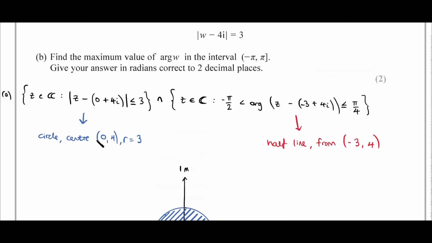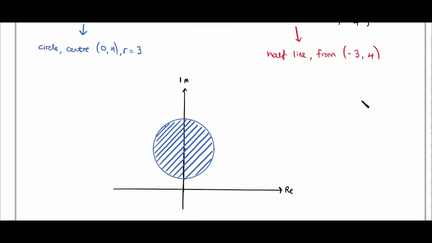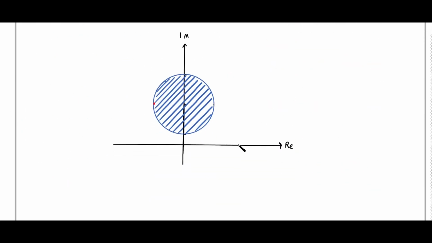For the next bit, we have a half line from minus 3, 4, which is over here, and this must be greater than minus pi over 2. Minus pi over 2 starts here, and because it's a strong inequality, we show that with dotted lines.